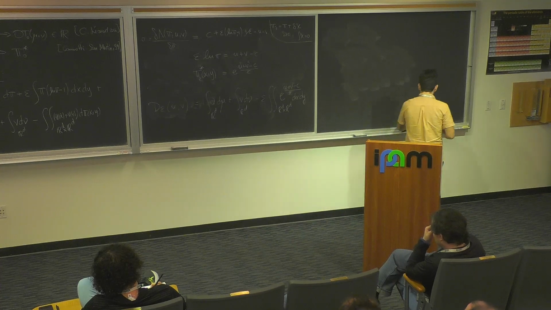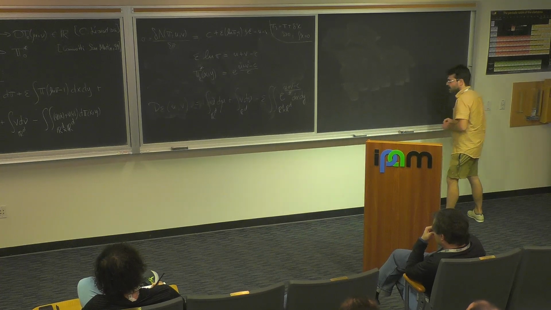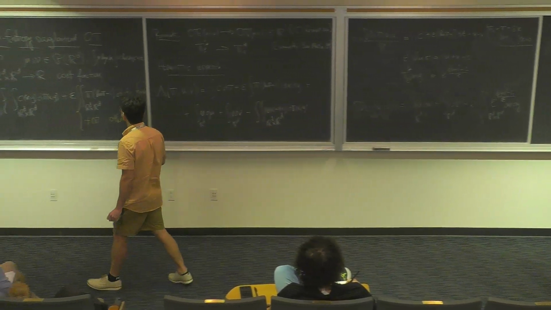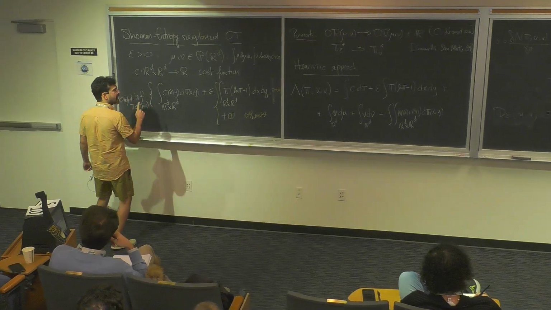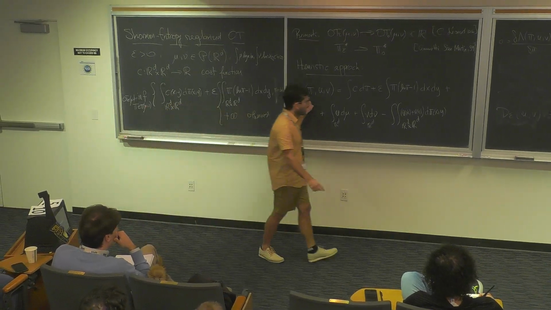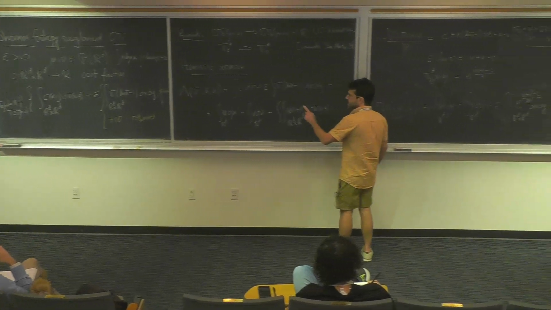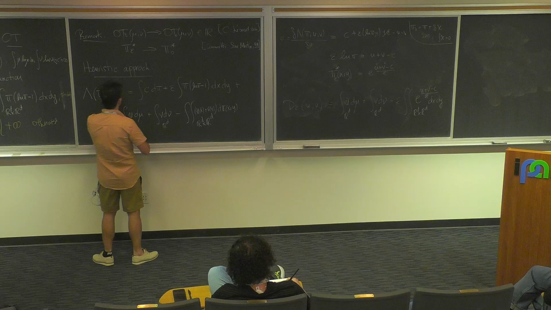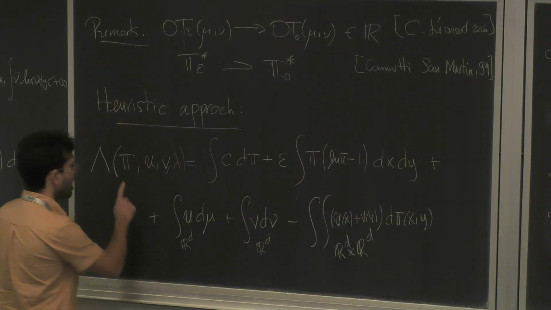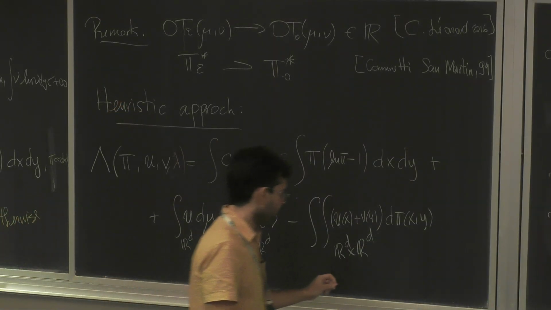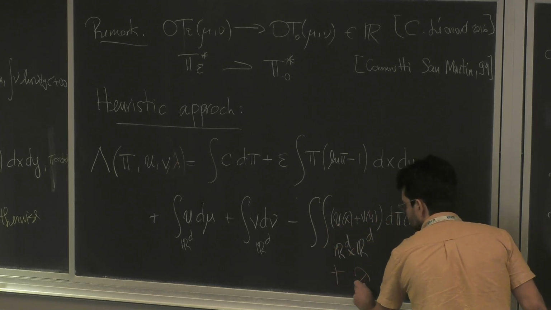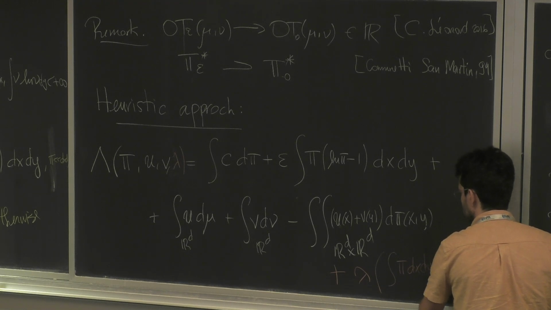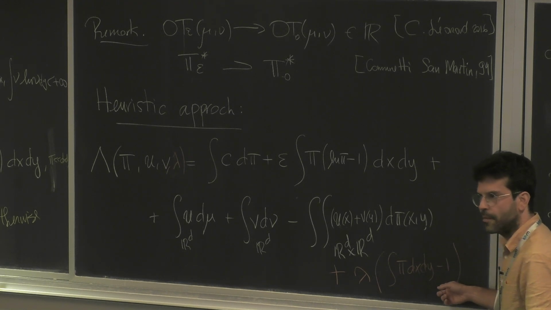Okay? So maybe a nice remark, since I have colors. In some talks, some people in this audience sometimes like to write in the Lagrangian an extra condition reinforcing that pi is a probability distribution. So you could add a new Lagrange multiplier, lambda, with the integral of pi dx dy equal to 1, just to reinforce that this is a probability.